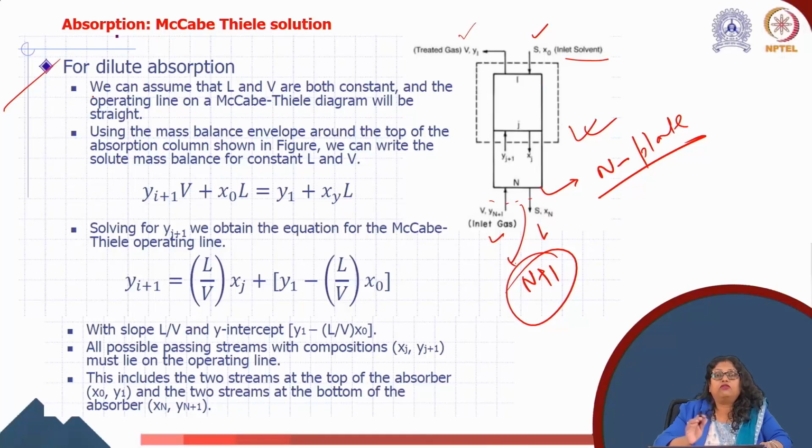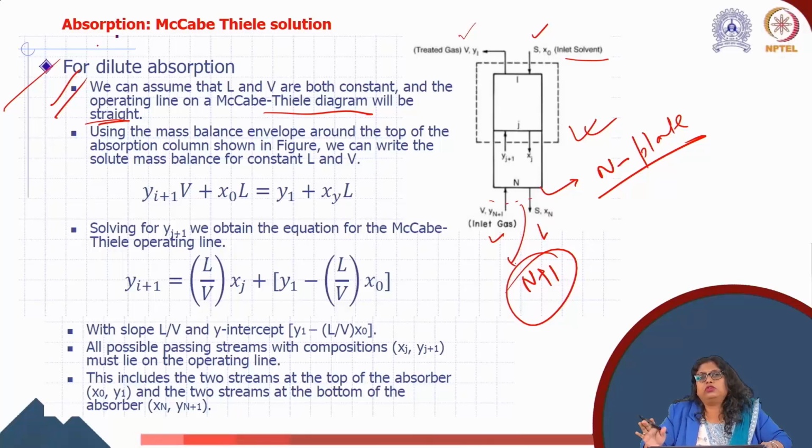So let's see. For dilute absorption, we can assume that the liquid and vapor flow rates are both constant, and the operating line on the McCabe-Thiele diagram will be a straight line. Using the mass balance envelope around the top of the absorption column shown in the figure, we can write the solute mass balance for constant liquid and vapor.